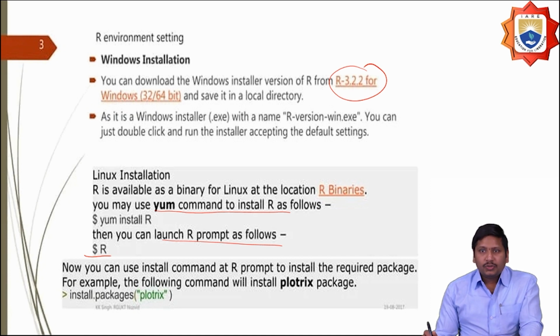Now we can use the install command at the R prompt to install the required package. For example, if I want to use the Plotrix package, I use it for installing packages from the web.